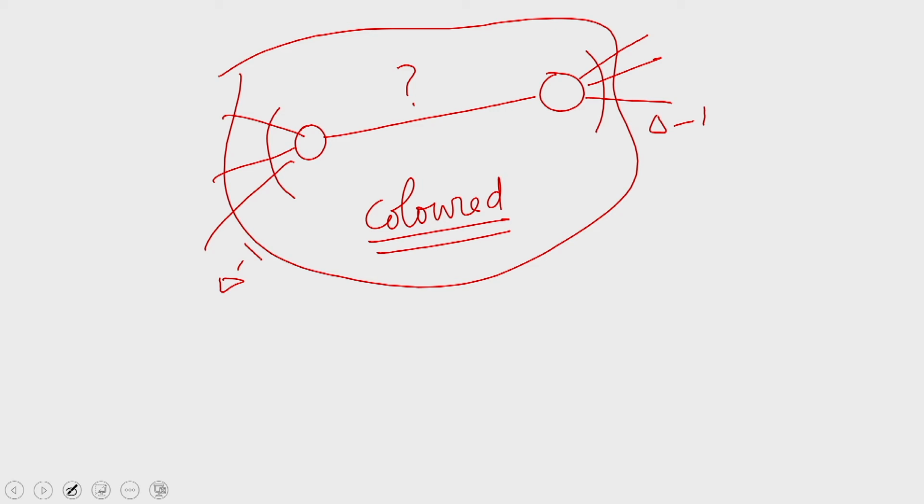If that free color happens to be the same, in other words, if there is no edge of color alpha here and there is no edge of color alpha here, then we can safely give color alpha to this edge. It will not conflict with any of these edges or any of these edges. Then the problem is solved. But if no same color is free at both the vertices, then we have an issue.